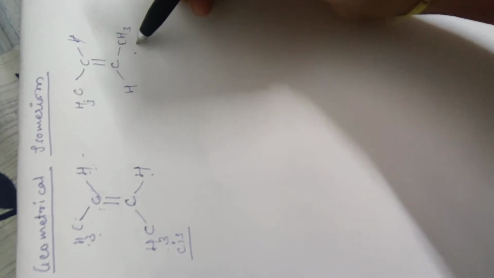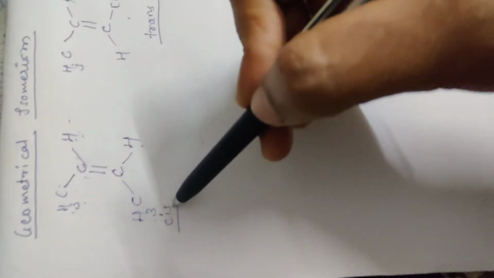In that case the compound is called a cis compound. Here when the similar groups are on the opposite side of the double bond, it is called a trans compound. So what are the names for these compounds? It is cis 2-butene, and this compound is trans 2-butene.